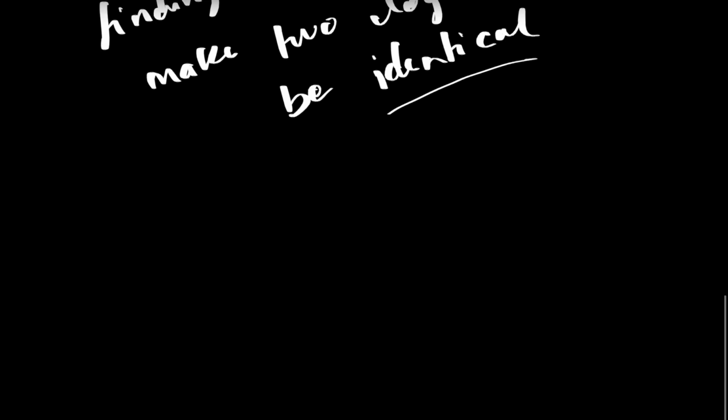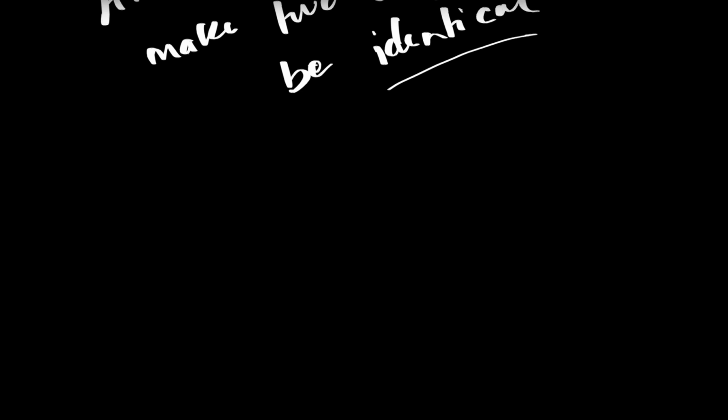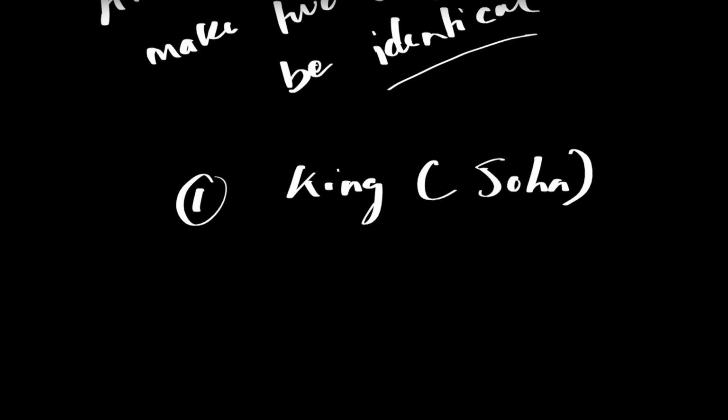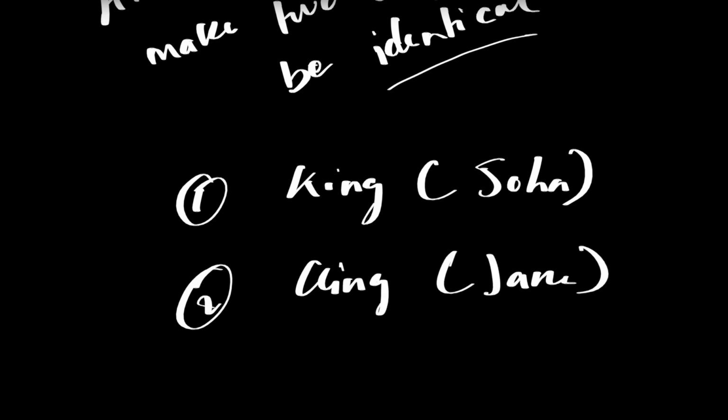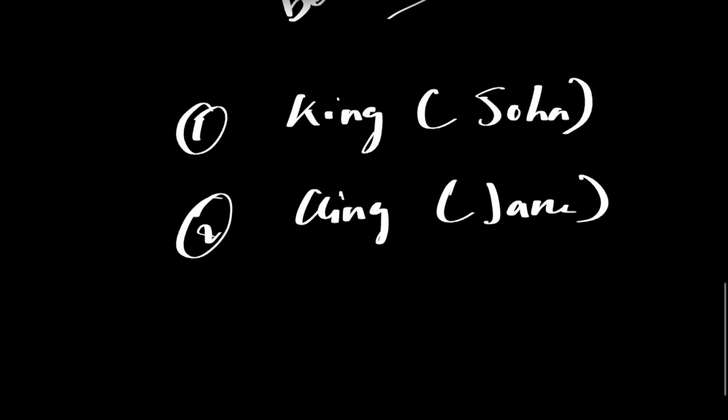The same example we saw above: King John, this is one statement. King Jane, this is one statement. Now we have certain rules that have to be followed while we go for the unification process.